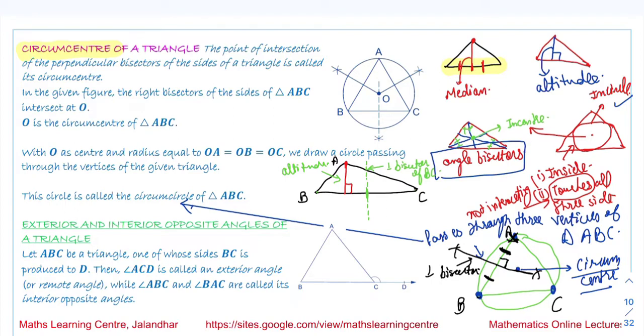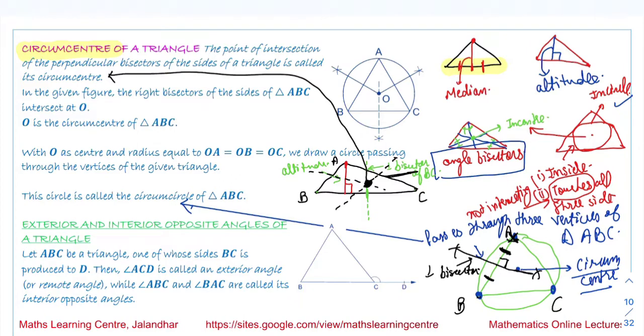Similarly, we will draw the perpendicular bisectors of AC and AB. The point where these three perpendicular bisectors meet is called the circumcenter. So the point of intersection of the perpendicular bisectors of the sides of a triangle is called the circumcenter.